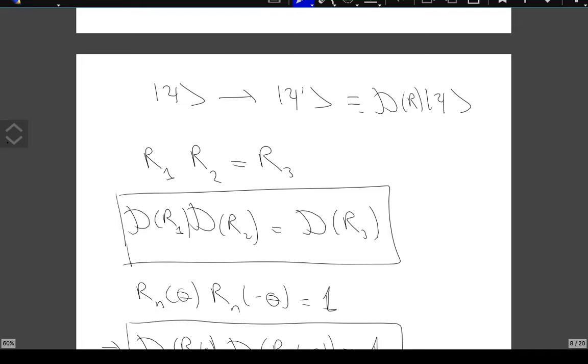If you rotate this by an angle theta, you should obtain a different ket, which should describe a particle that is localized somewhere over here. And the operator that changes your initial ket, which has your particle localized somewhere over here, to the final ket, which has your particle somewhere over there, should be a unitary operator.